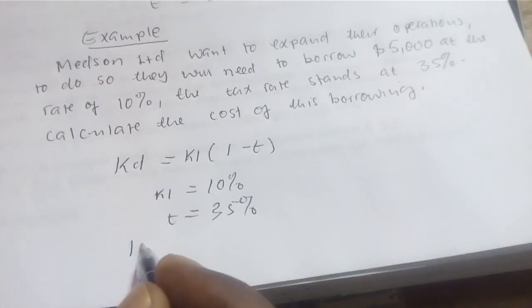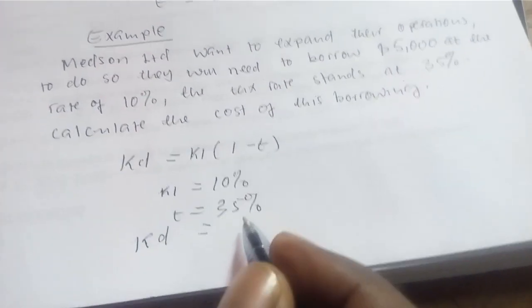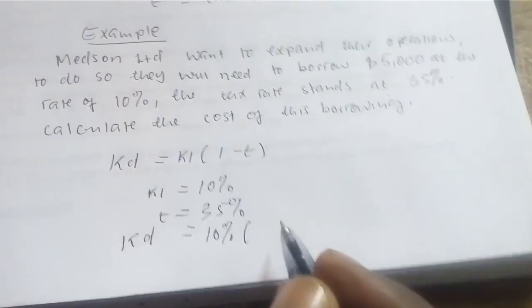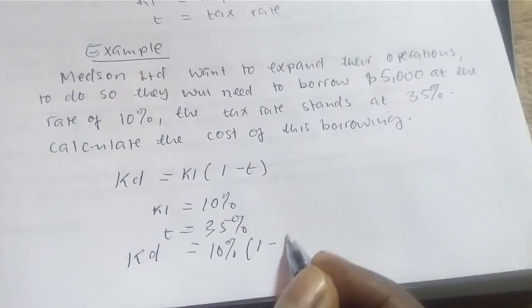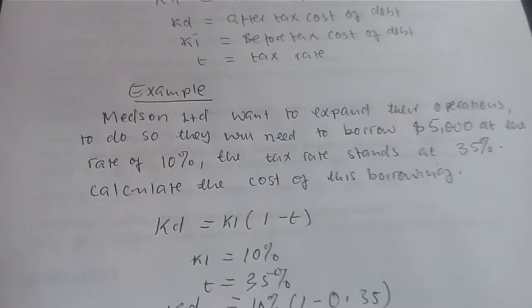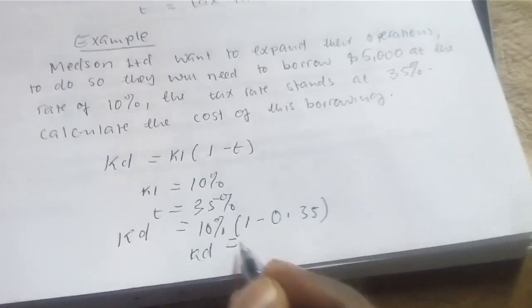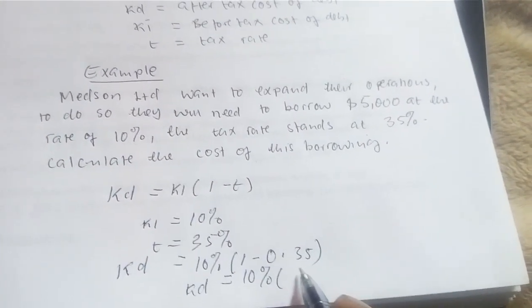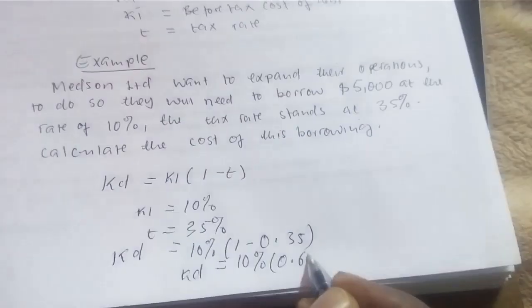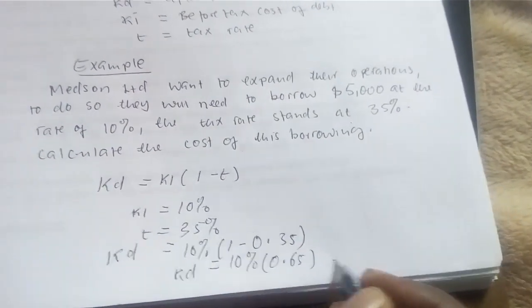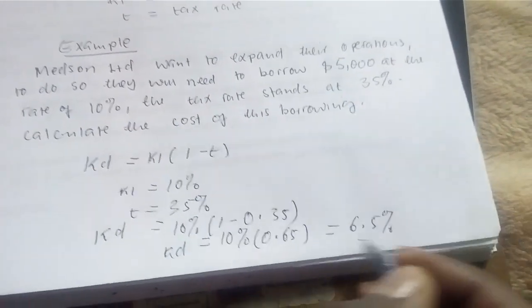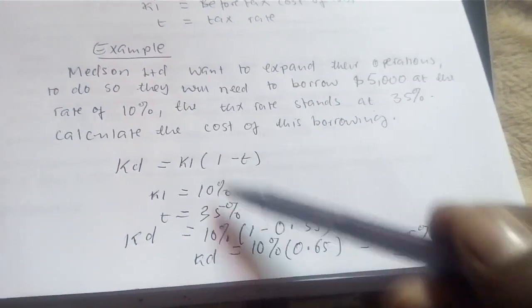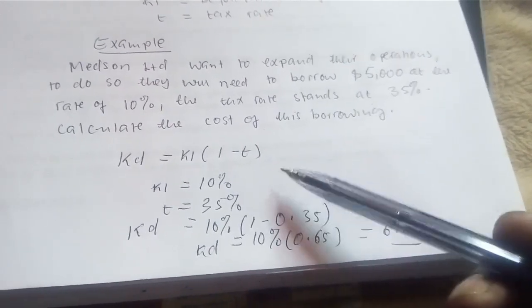Then we just replace them in the formula: KD equals 10% times (1 - 0.35), which is 0.65. Multiplying that, we get 6.5%.